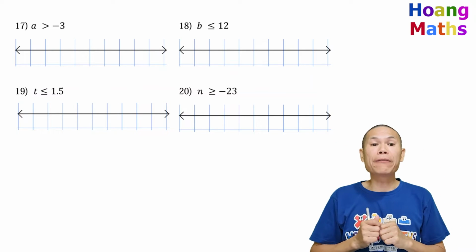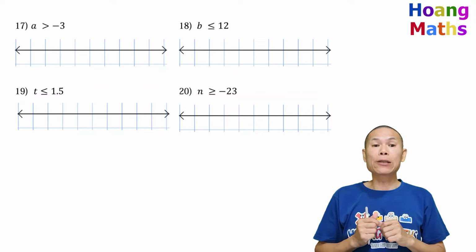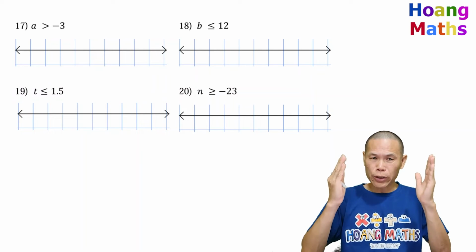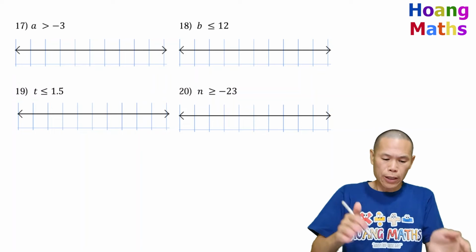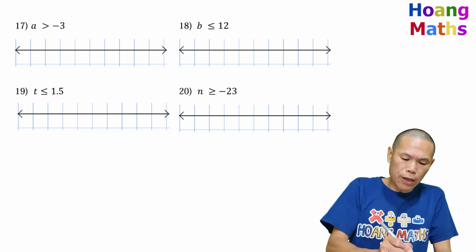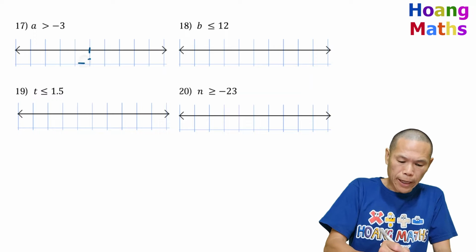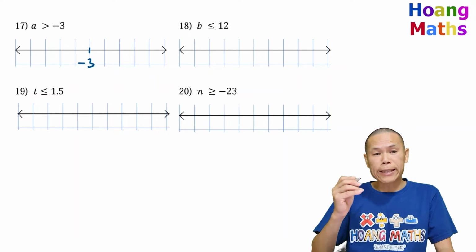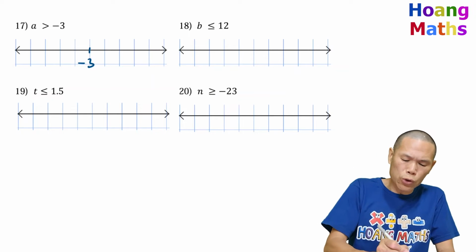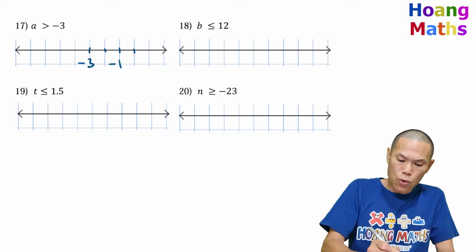Question number 17. A is greater than negative 3. So we start from negative 3. Just write negative 3 right in the middle here somewhere. And then on the right-hand side will be negative 2, negative 1, then 0, 1.